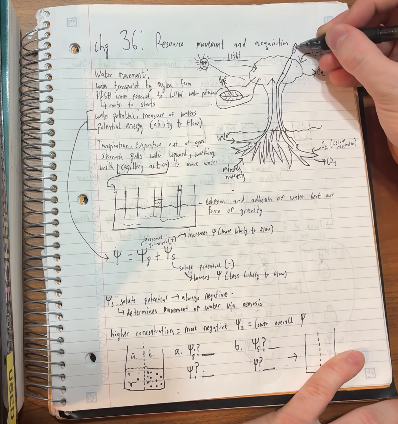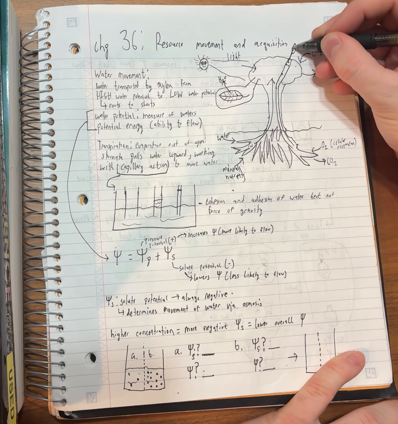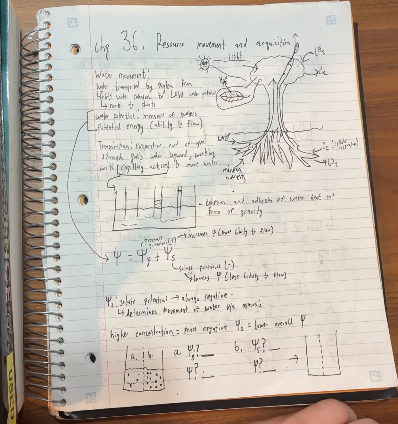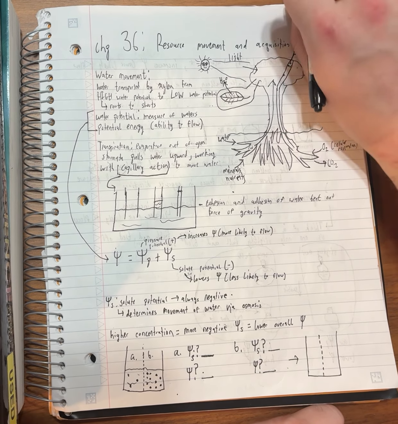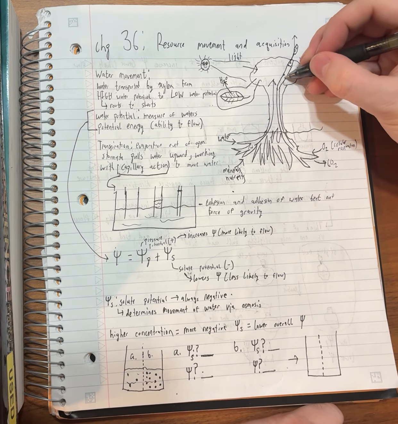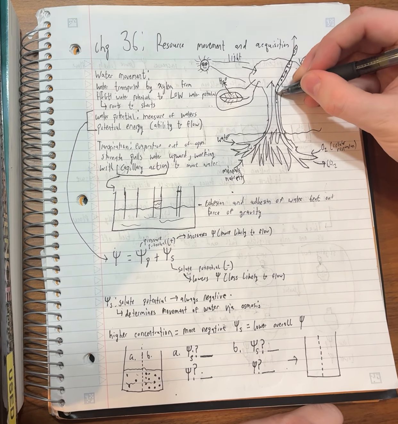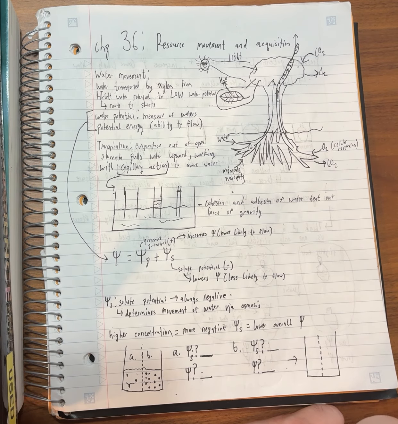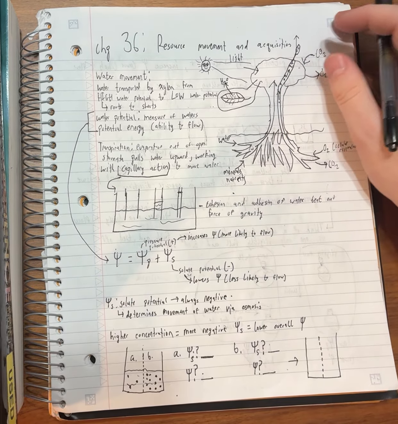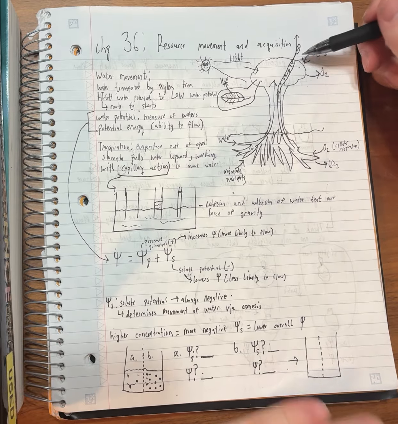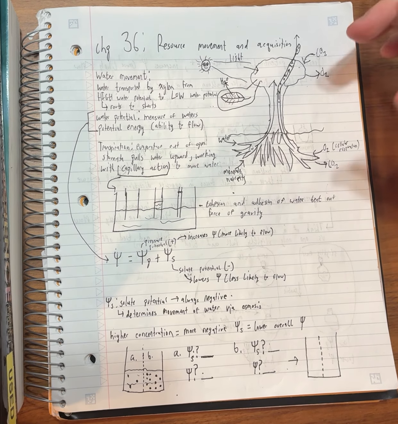There's a leaf. That leaf is going to have open stomata. And water molecules that are here are going to evaporate out into the atmosphere. The process of those water molecules leaving is actually going to pull other water molecules upward closer to that area. And that is going to be a combination of pressure and capillary action, which we're going to break both of those down very in depth. So that's transpiration, is the evaporation pulling water upward.